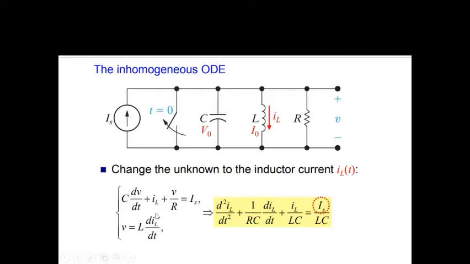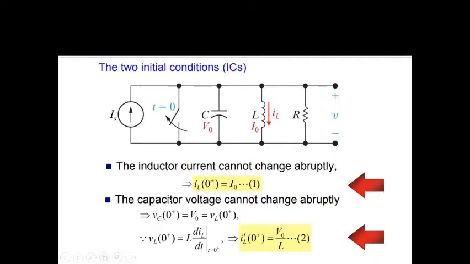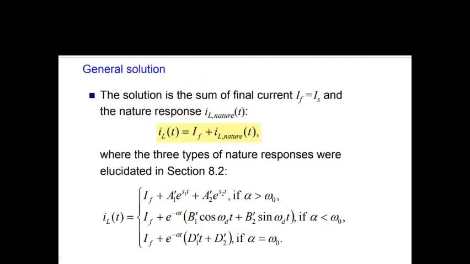Okay, so next we can solve for your A1 and A2. We will need the inductor current, which cannot change abruptly, by using the initial inductor current, and we also need the initial value of the capacitor voltage. From here we have vL(0) equals L di dt. So we are going to use i'(0) equals V(0) over L for the initial condition.